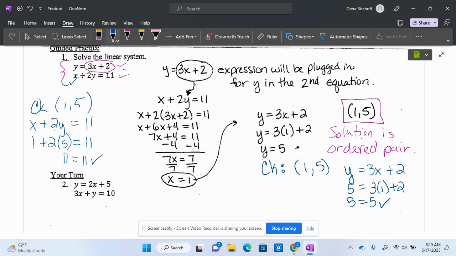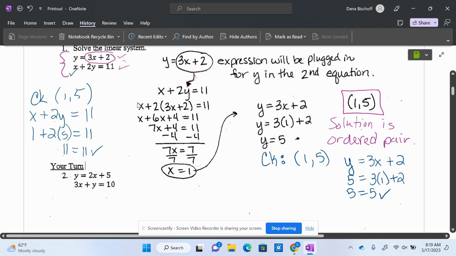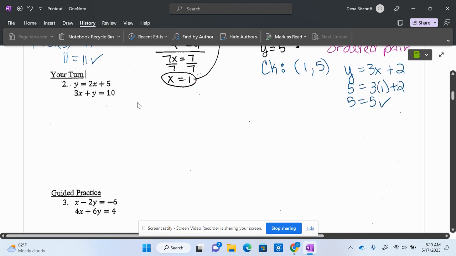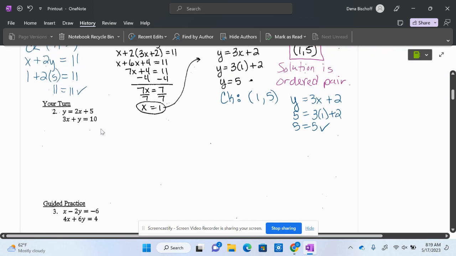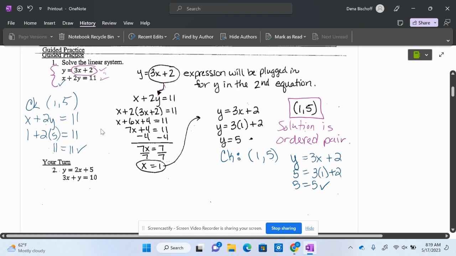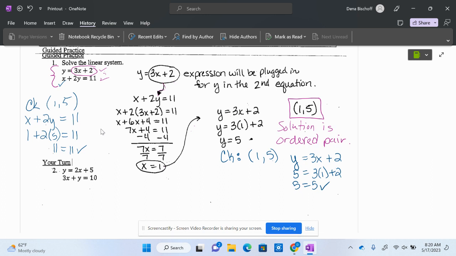So I filled all of that out in your notes. All of that's there except the check. So we're going to do number 2 and number 3 together. Do you guys still need this? Doing the check? I'm going to leave that there for a second. We will do 2 and 3 together.